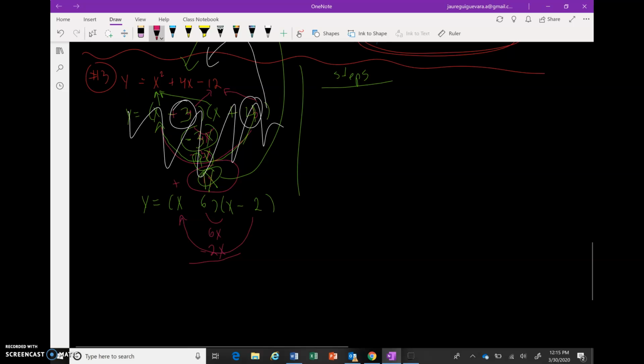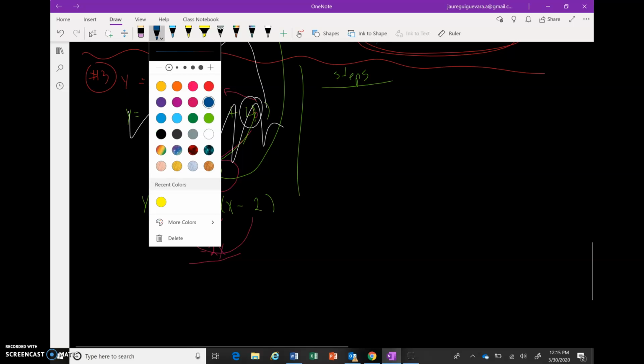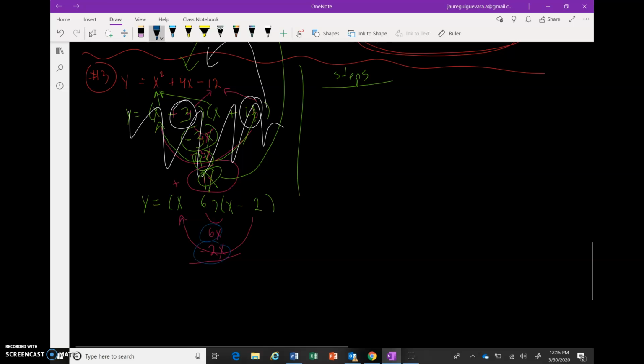So combine the like terms: 6x take away 2x gives you 4x. So 4x is that middle term, and because 4x is the middle term, this works.